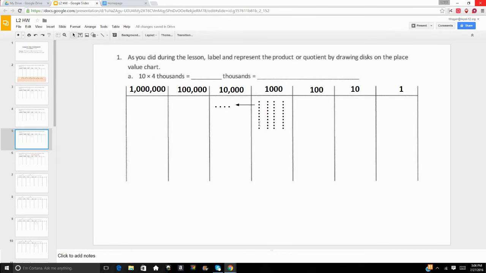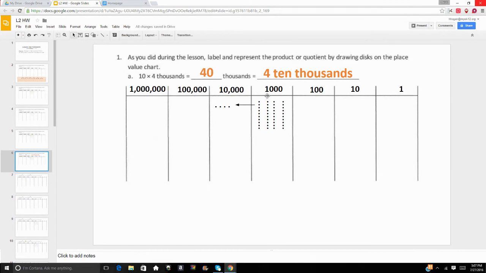So we have 10,000, 10,000, 10,000, 1,000, 2,000, 3,000, 4,000, 5,000, 6,000, 7,000, 8,000, 9,000, 10,000. That helps us to understand that 10 times 4,000 thousands gives us 40 thousands.